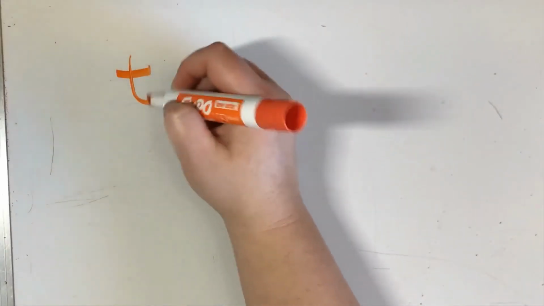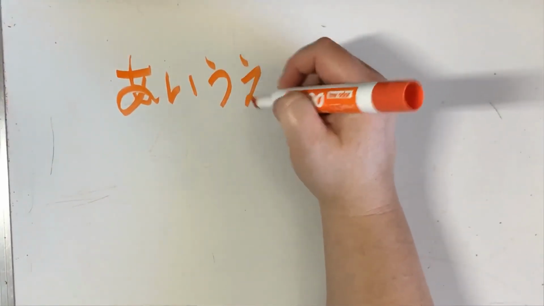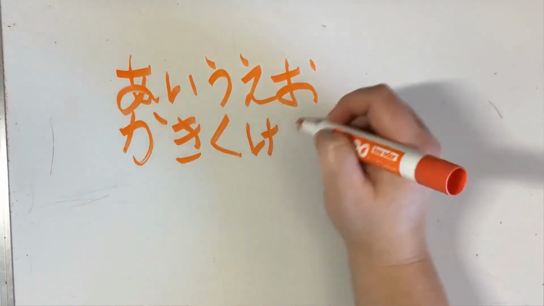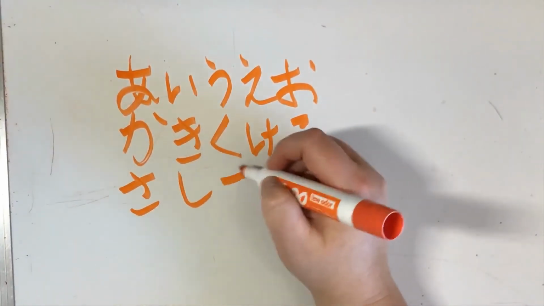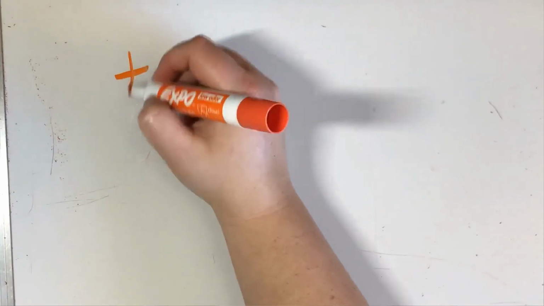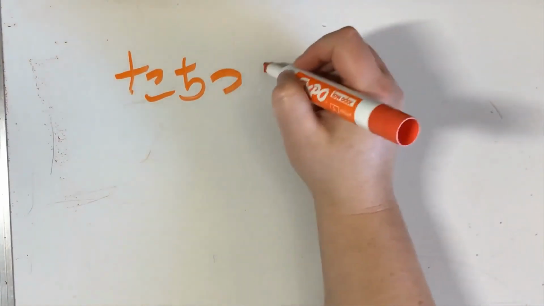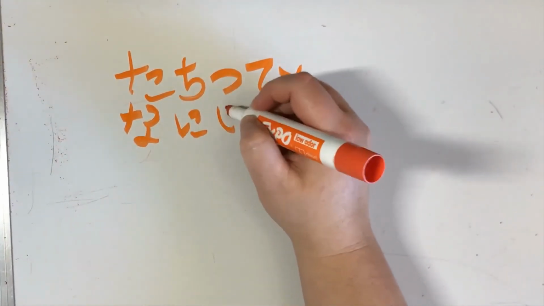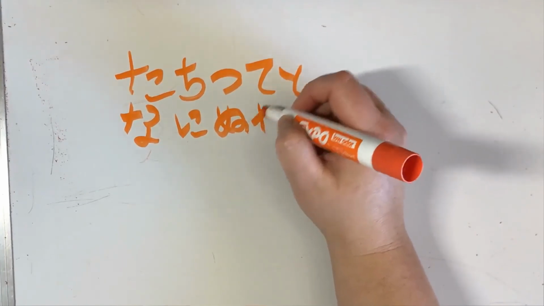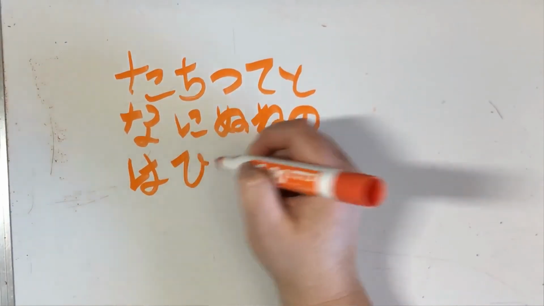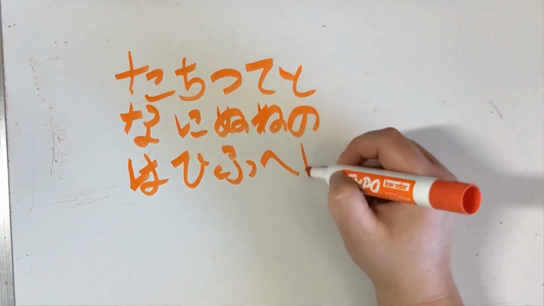We have a, i, u, e, o, ka, ki, ku, ke, ko, sa, shi, su, se, so. Then after that we learned ta, chi, tsu, te, to, na, ni, nu, ne, no, ha, hi, fu, he, ho.